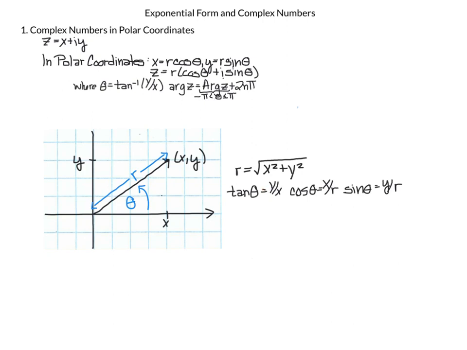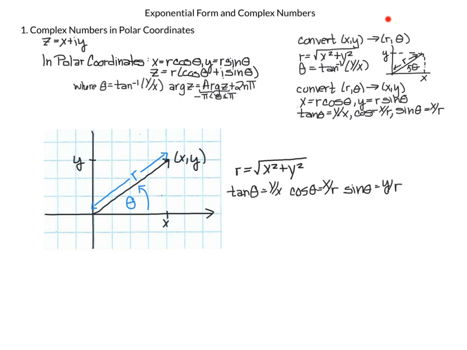And we have this convention of saying that we want this angle theta to be between negative pi and pi, because technically, theta can be this, what we call our principal argument, plus any multiple of 2 pi. But we like to have our principal argument be between negative pi and pi.